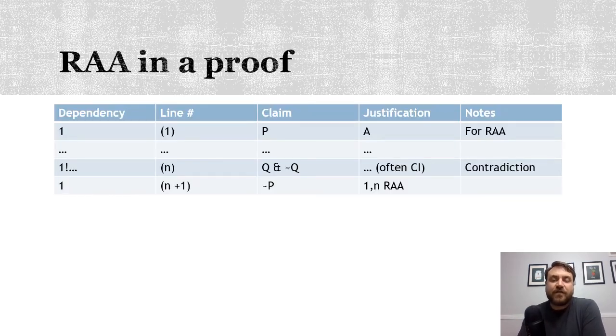And so here's a sort of abstract view of how that always works in a proof. On some line, say line 1 for example, notice line 1 depends only on itself because the justification for our purposes is an assumption. That's always the first step of a reductio. So again, you're going to just assume something.